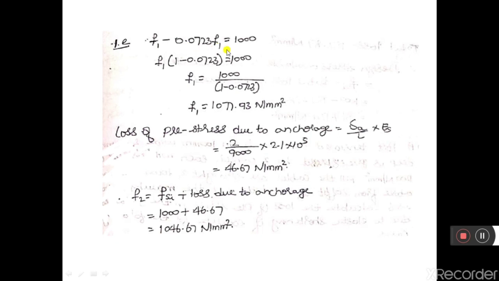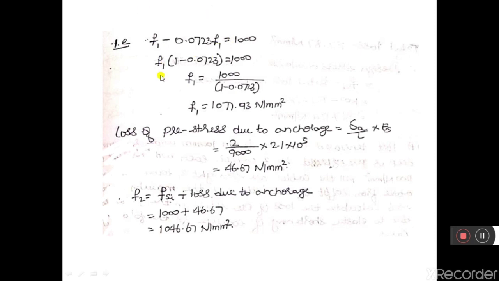After that we will get the final stress equal to 1000. It is telling us that after deducting the loss due to friction, the final pre-stress that should be available in the cable is 1000. Then what should be the initial pre-stress that should be applied at the left end?